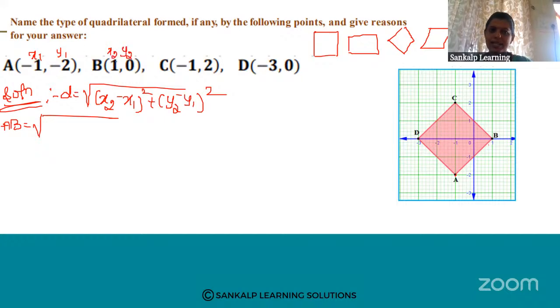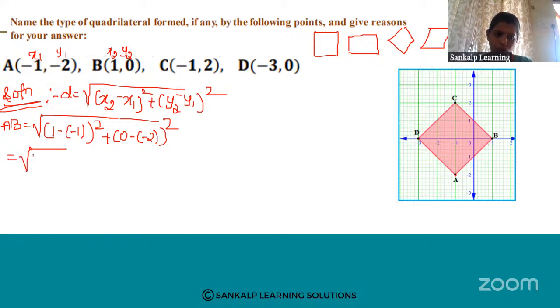So the x2 value is 1 and the x1 value is minus 1, so it is (1 minus of minus 1) whole square, that is (1 plus 1) whole square, plus the y2 value is 0 and the y1 value is minus 2, so (0 minus of minus 2), it is plus only, so plus 2 whole square.